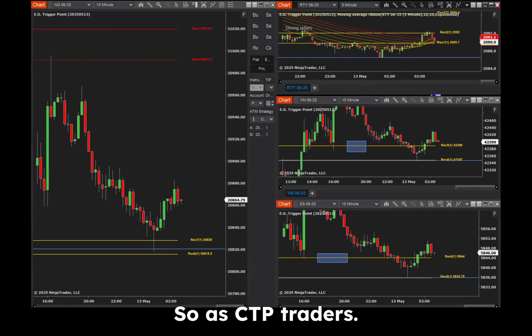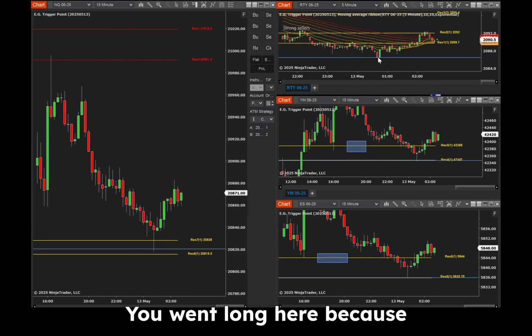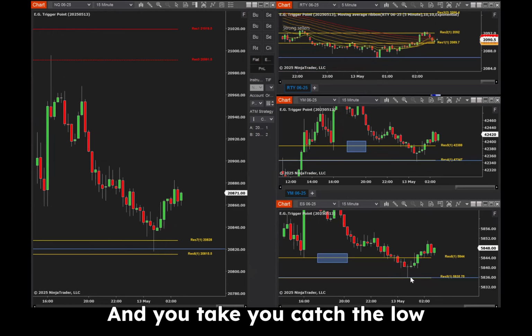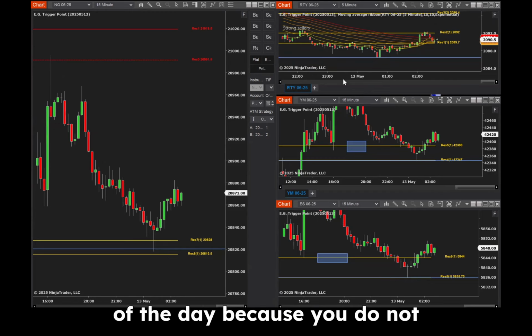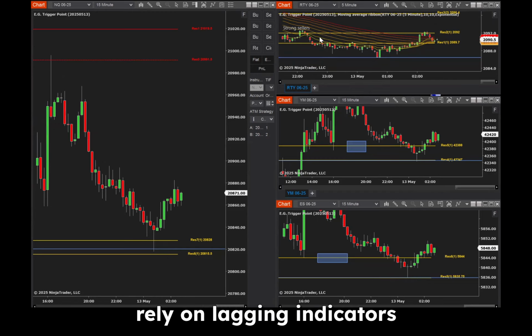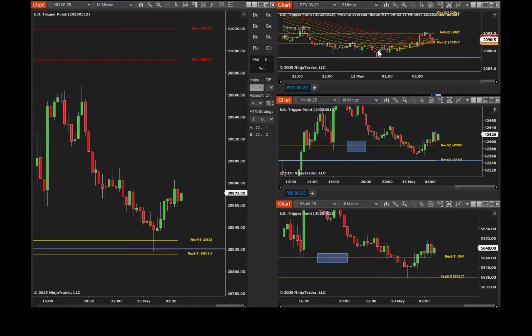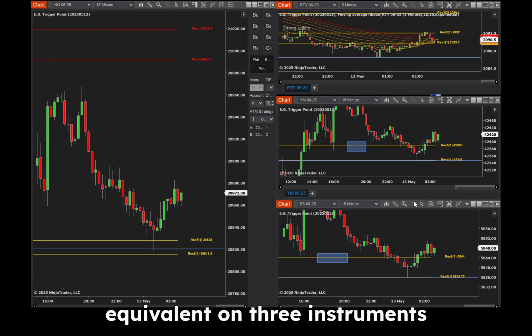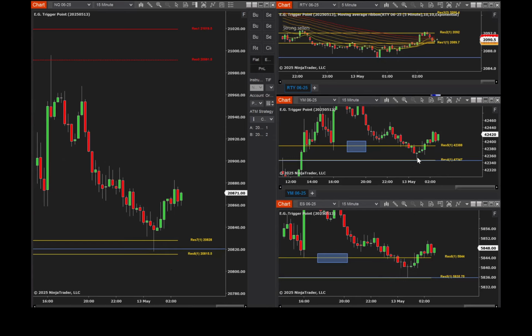So as CTP traders, you went long here because you are smart. You understand that this is an A+ setup, and you catch the low of the day, because you do not rely on lagging indicators. Moving average lags, guys. The trigger point, support, equivalent on 3 instruments do not lag.